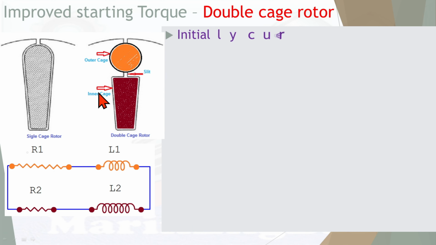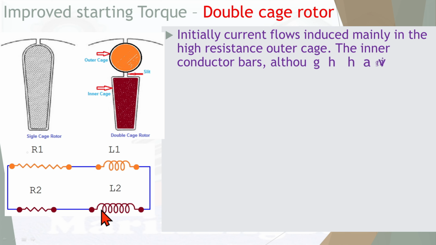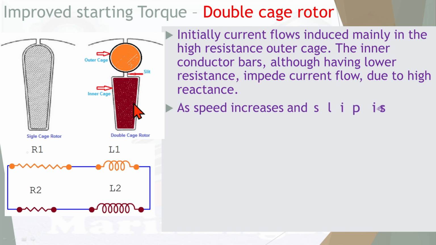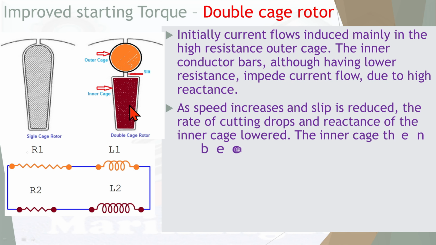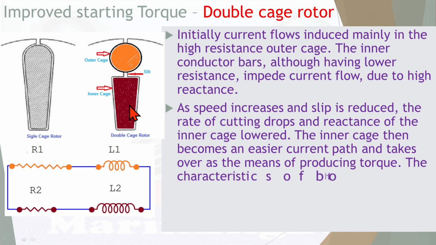But as the motor picks up speed, the reactance of the inner cage will get lowered. Thus the current induction of the inner cage will be much more, and it will contribute to supplying the running torque. Then the combination of these two characteristics will give you elevated starting torque as well as very good running torque characteristics.